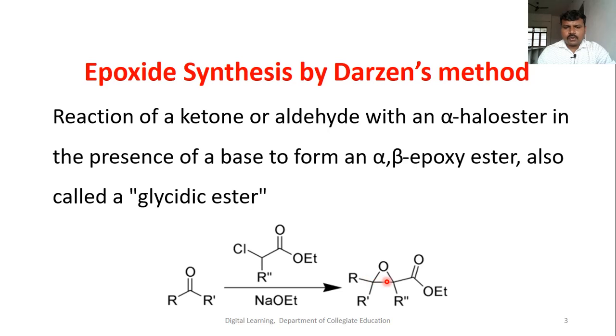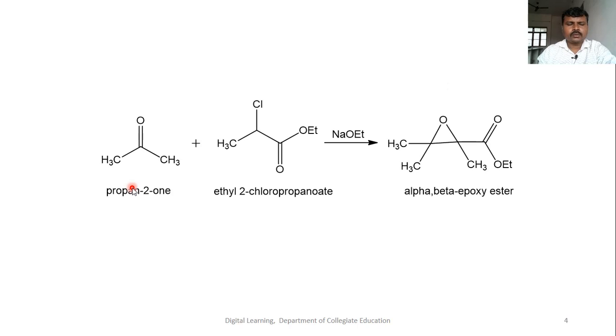In this alpha and beta position you have the epoxy group, that is, the oxygen atom. Let us see an example of Darzens' condensation. Acetone reacts with ethyl 2-chloropropanoate in the presence of the base sodium ethoxide to give an alpha beta epoxy ester.